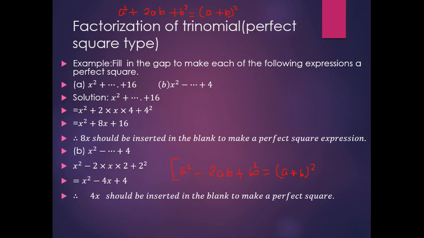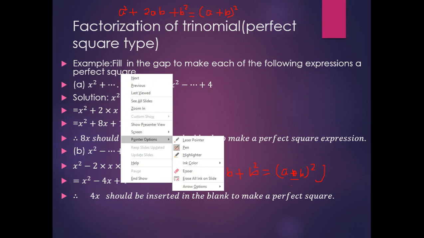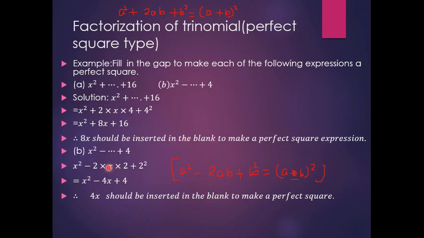Sorry, not a plus b, a minus b whole square. This is the formula: a square minus 2ab plus b square is a minus b whole square. So a minus b whole square is the perfect square. To make it, we have to insert here 4x and it becomes a perfect square. Okay, after we insert 4x here, it becomes a perfect square.